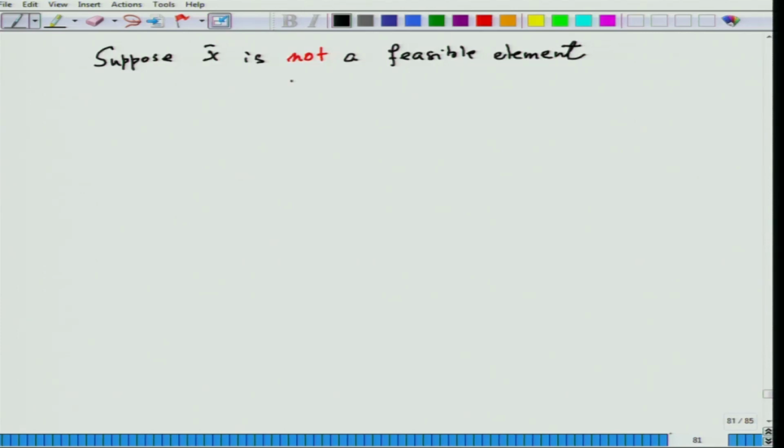Now this means that if I write down g_1(x bar), g_2(x bar), ..., g_m(x bar), there is one of them which is strictly bigger than 0. So, one of these quantities is strictly bigger than 0, any one of them.